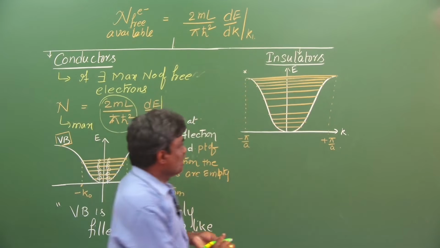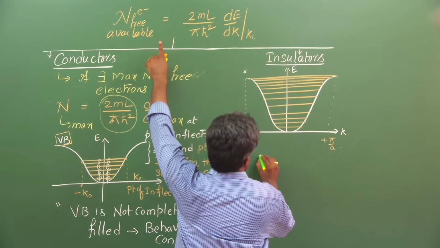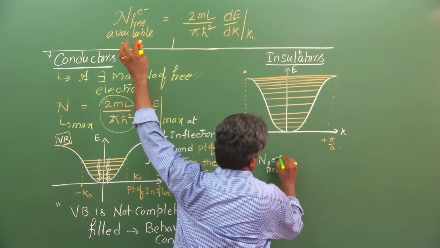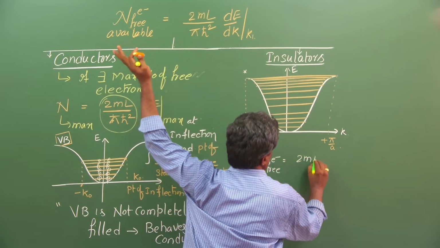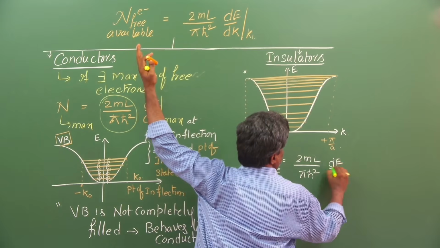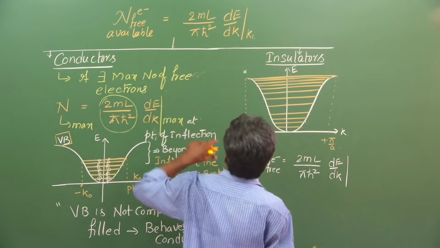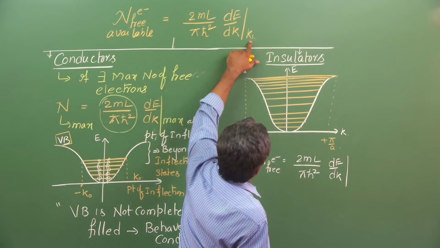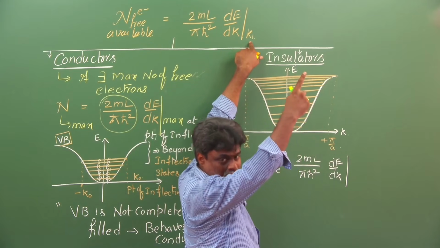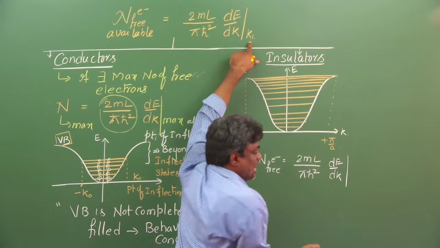completely filled. Now go to the formula: N free electrons equal to 2ml by pi h cross square dE by dk. Now dE by dk at which point? Zone boundary. Zone boundary means the maximum, am I right or wrong?